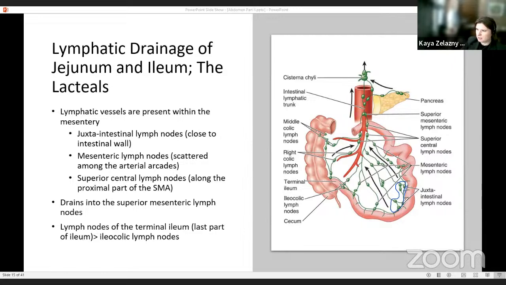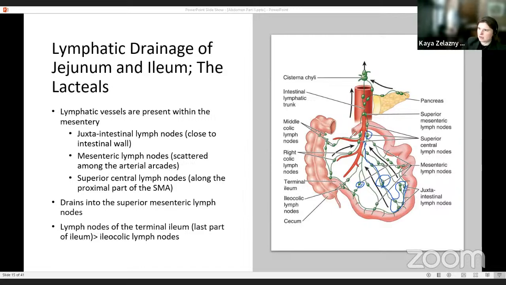Now, along those arcades that we were just looking at, those loops, you're going to have mesenteric lymph nodes. So we can see some of those here. And these are draining in order back up to your superior central lymph nodes, which are going to lie along the artery, along the superior mesenteric artery.